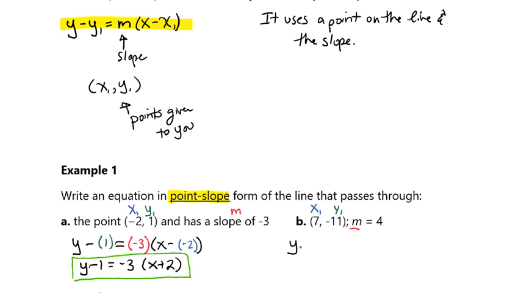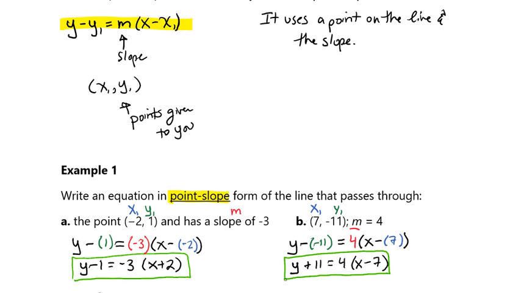So we'll have y minus our y1 equals our m times x minus our x1, and then we'll simplify. So we'll have y plus 11 equals 4 times x minus 7. And again, remember, it only wanted us to write it in point-slope form, and this is point-slope form. And so we're done.